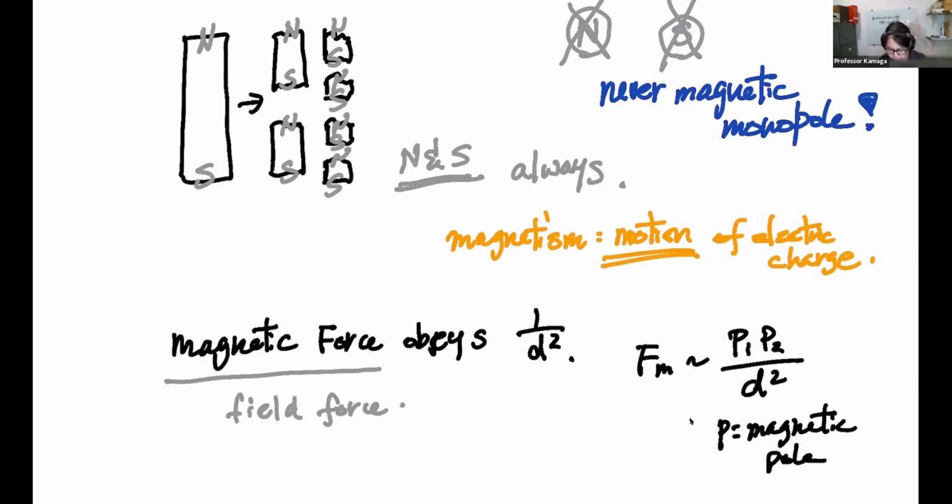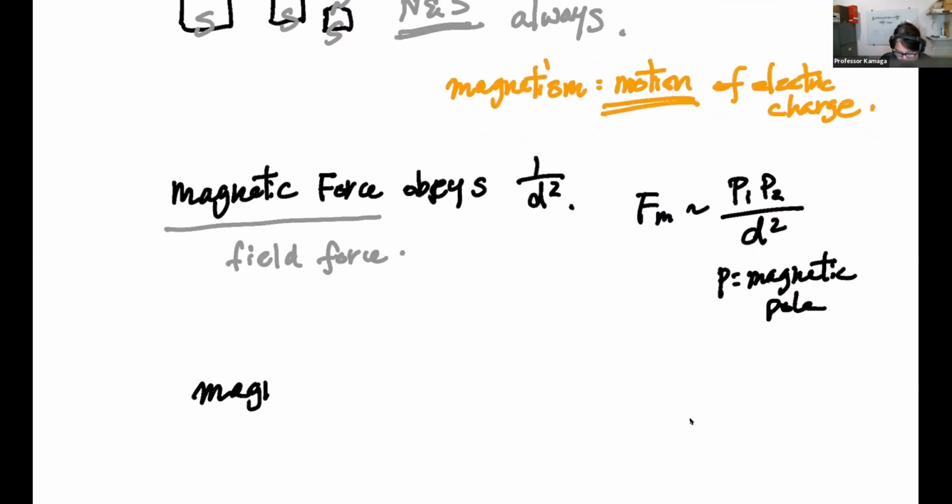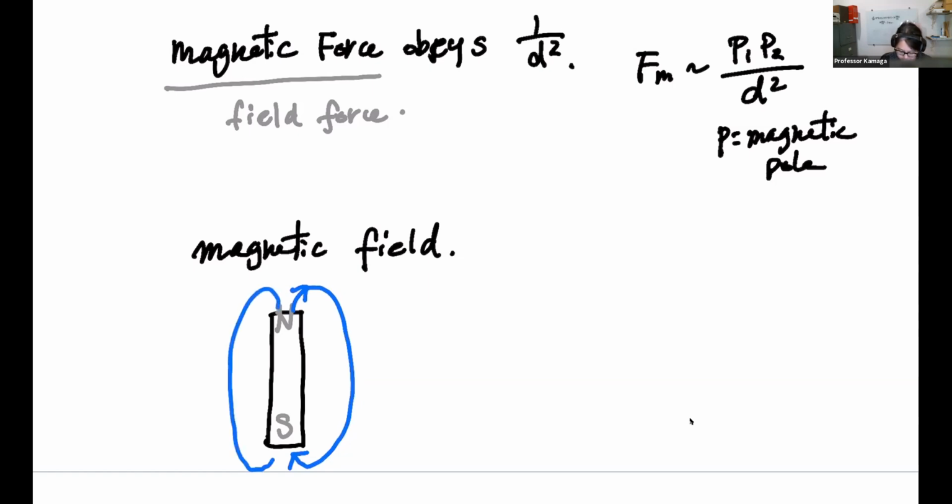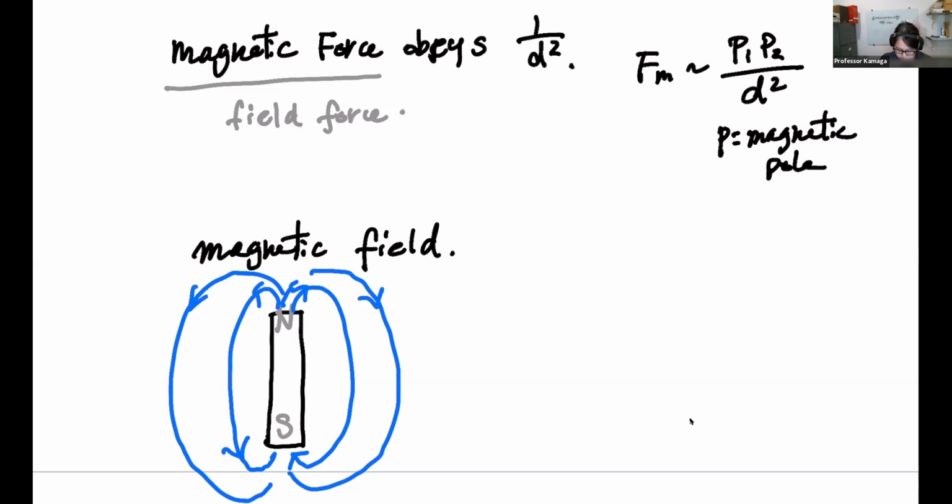Therefore, you have a magnetic field. Conventionally, you're always going to have a north and south, and magnetic field lines are drawn out from the north-seeking pole into the south-seeking pole. They are never discontinuous.